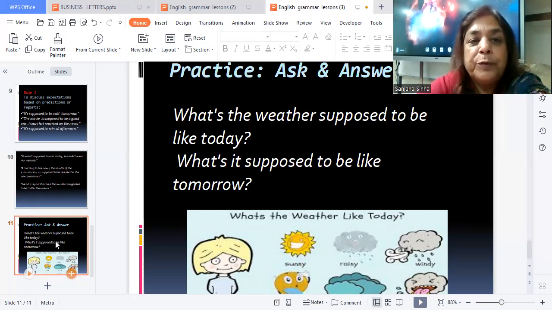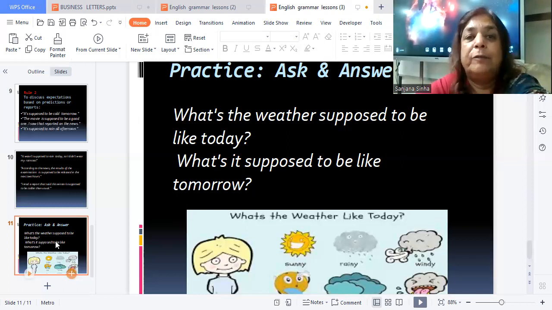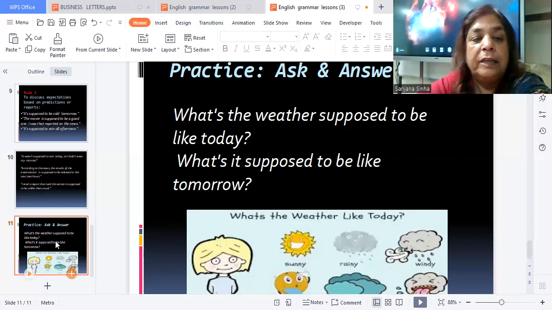So this was the second category, based on predictions and reports. And the first was based on rules and regulations laid out for you. We'll come back with the third rule of supposed to, not supposed to.